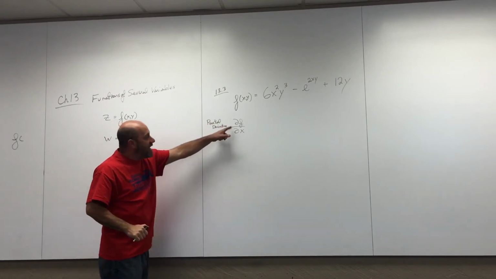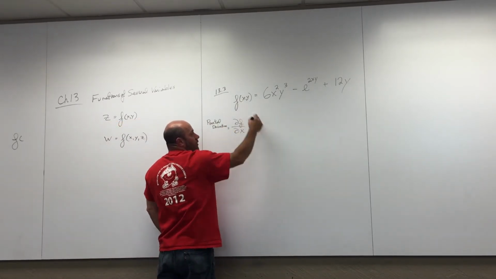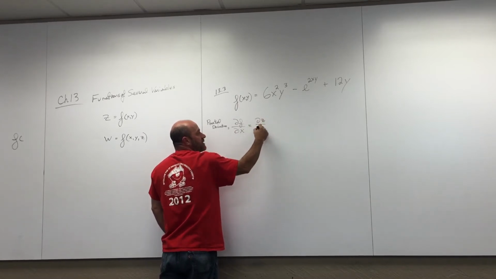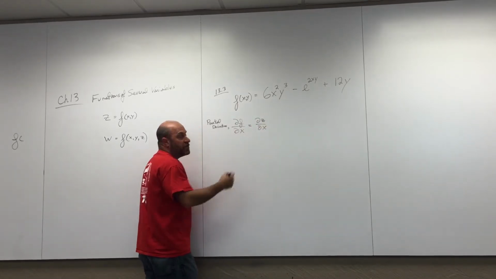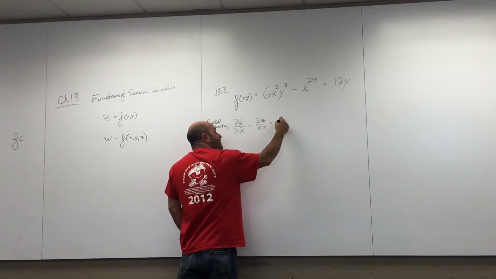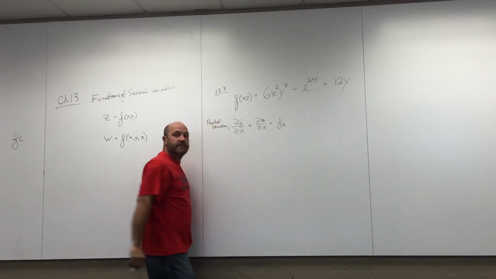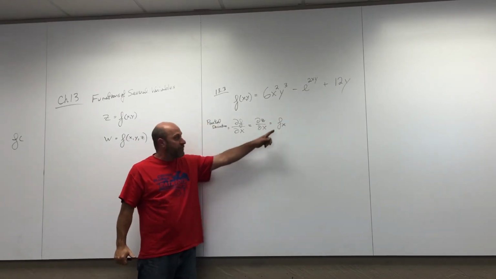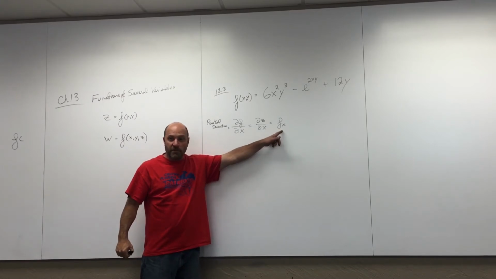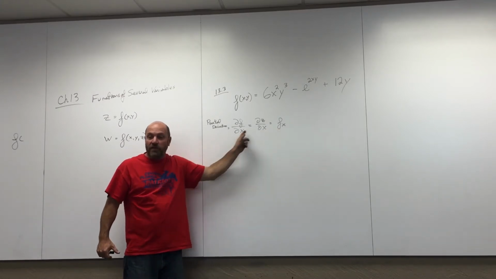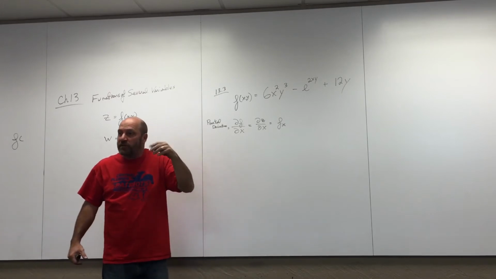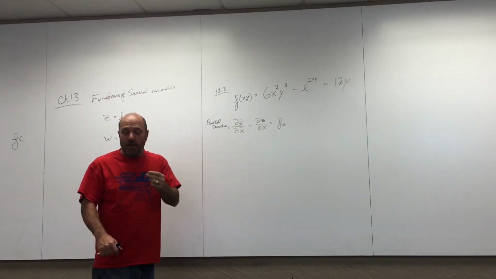I'm calling it df dx. I could also call it dz dx. I'm going to show you another notation. F with a little subscript x is the same thing, and that's sort of my preferred notation. It's a little easier to write. All this means we're going to take this derivative with respect to x.